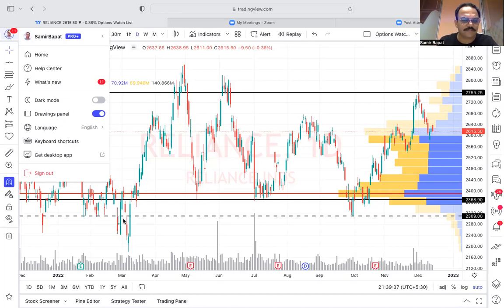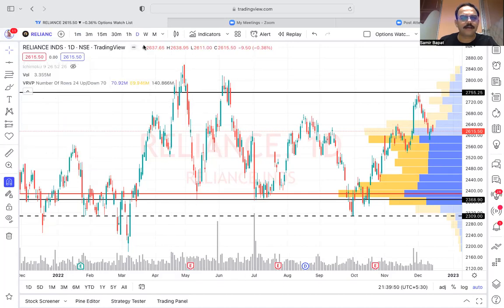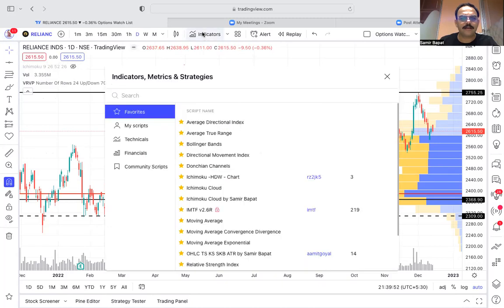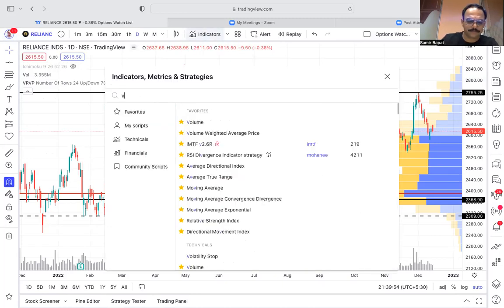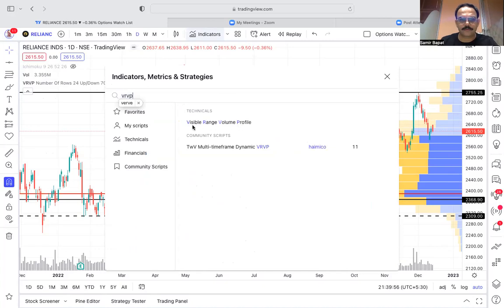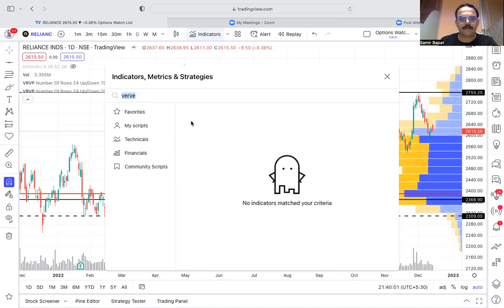Free is good enough, right? One more thing: while you're on the indicators, while you're typing visible range volume, click on it, and on the right-hand side there's a favorite option, a star option. You click on the star option, and then you can get it. It's coming here.